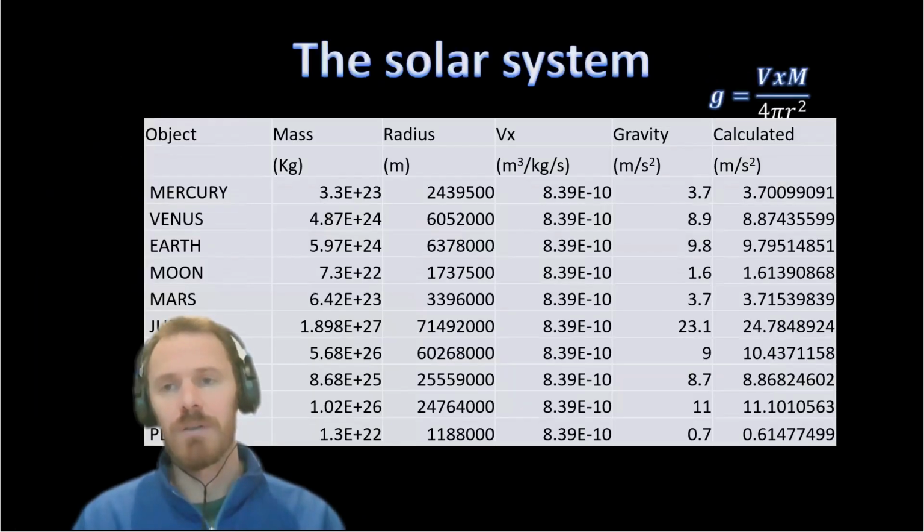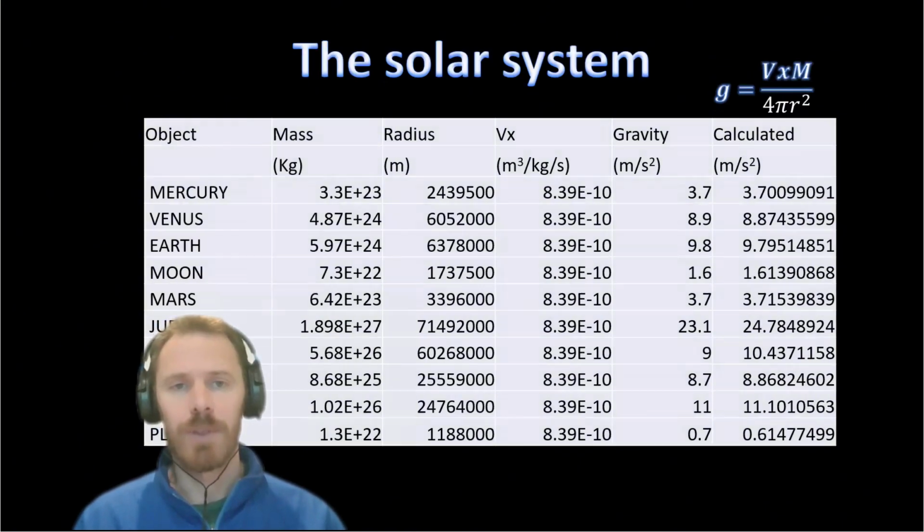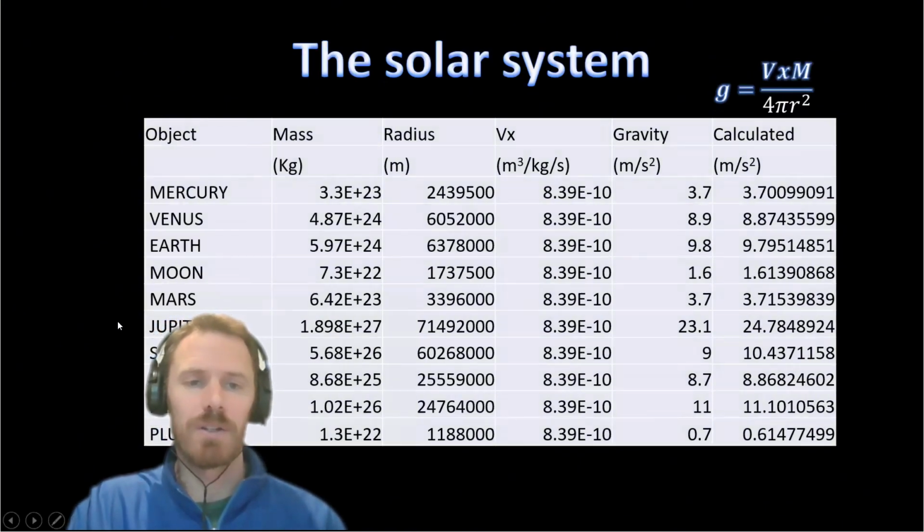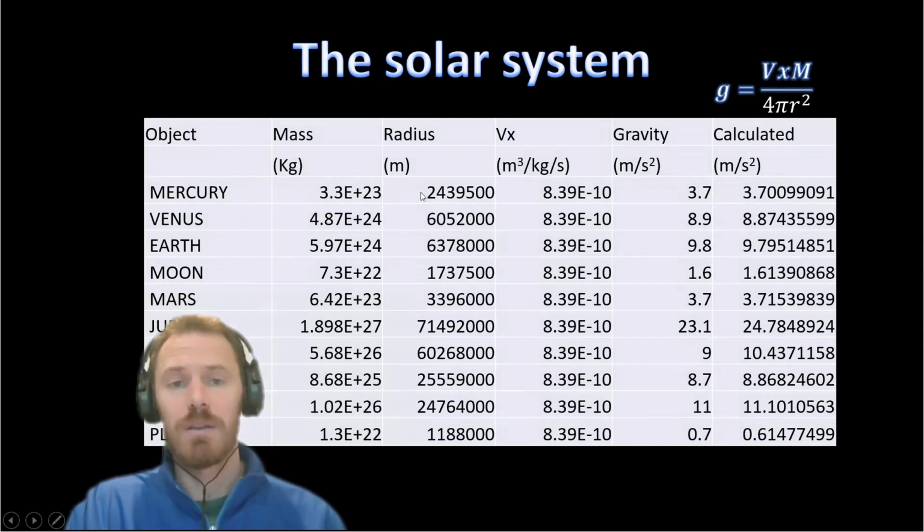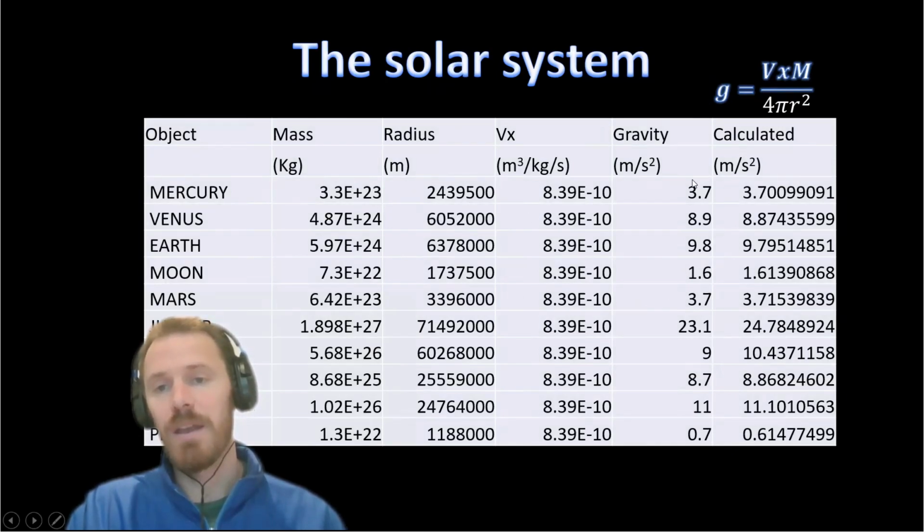That's all very interesting, but how does it work in real life? Well, here are all the objects in our solar system. Here is the mass of these objects in kilograms, the radius of these objects in meters, the volume of space consumed per kilogram per second, and here is NASA's calculations for the gravitational acceleration on the surface of each of these objects.